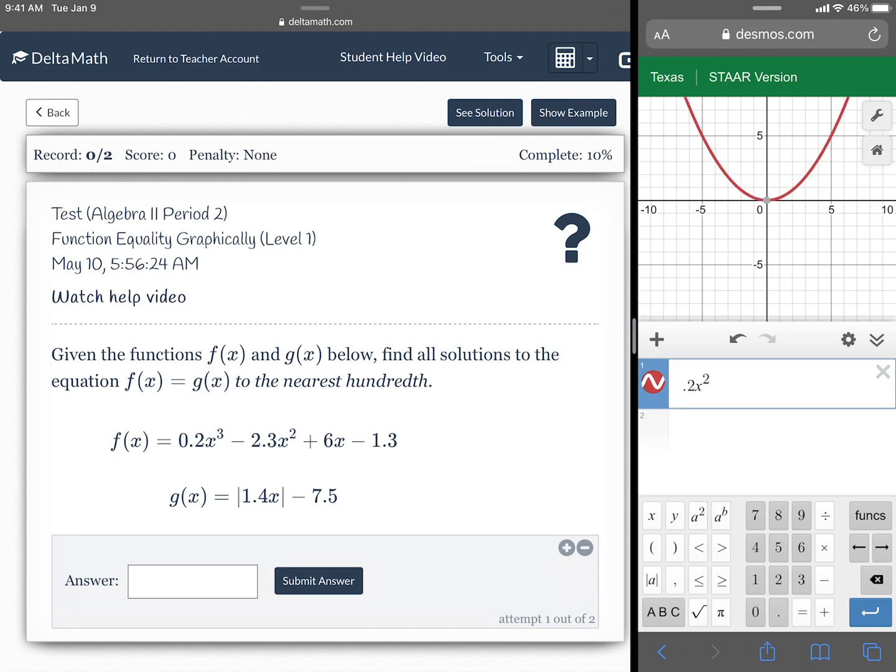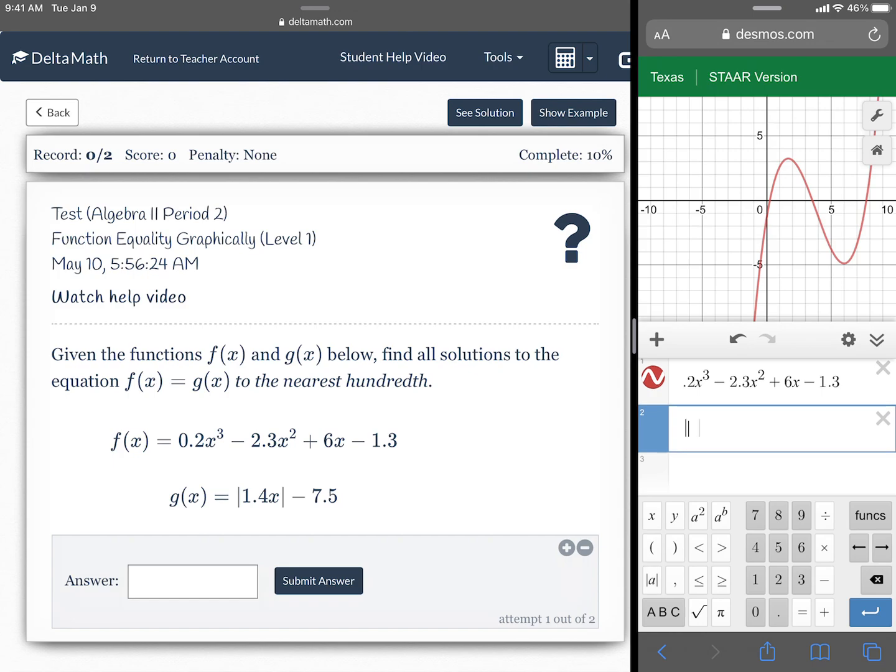0.2x to the third minus 2.3x squared plus 6x minus 1.3. Okay, there's our first function.